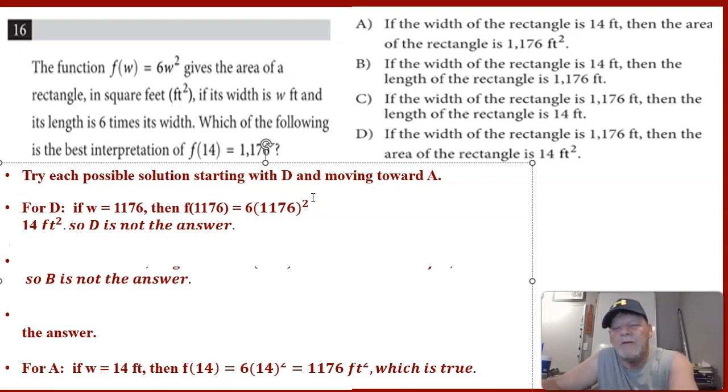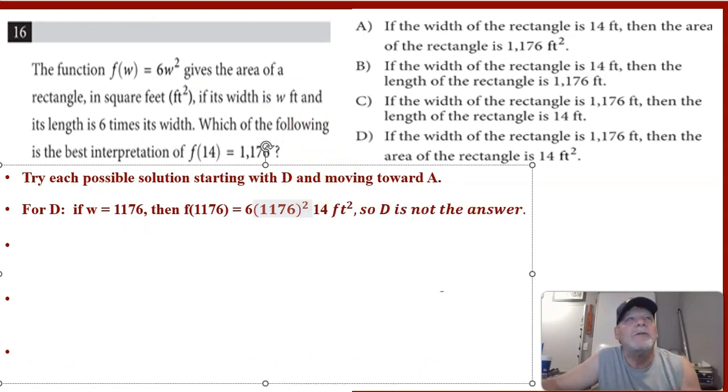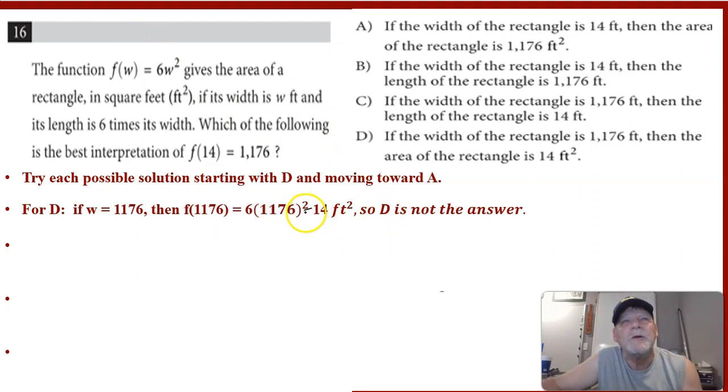There was a not equal sign there. I'll go ahead and just write it in, for some reason it disappeared. Since they are not equal, I'll just put the little mark through the equal sign there. That means that D is not the answer, and I could just cross that out.